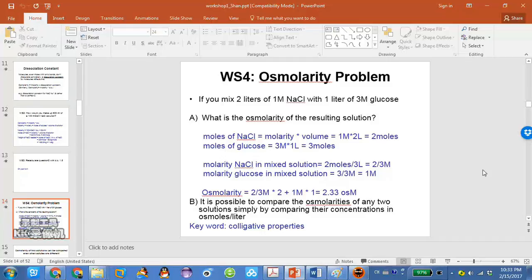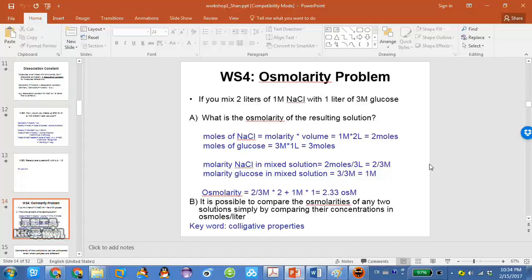The essential part to solve this question is to understand when you mix 2 solutions together, or even more solutions together, what is changing and what remains unchanged. Let's take these 2 solutions as an example. When we mix a 2 liter solution with a 1 liter solution, they have different solutes and they all have their own molarity.